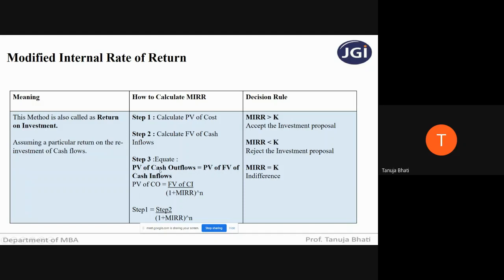Okay, now how are you going to find out the present value of the future value of cash inflows? Students, we have seen a formula, right? A is equal to P (1 plus R) raised to N. Do you remember this formula, where A was your future value? Yes, students? Okay.